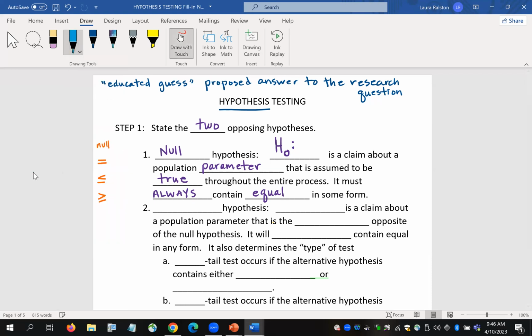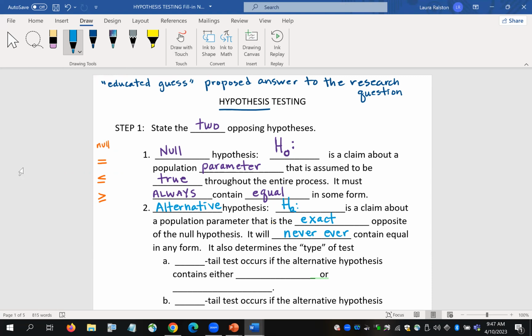The second hypothesis is called the alternative. The symbol for the alternative hypothesis is the capital H, again for hypothesis, and we have a subscript of A. It is a claim about the same population parameter that is the exact opposite of the null, which means it will never, ever contain equal in any form.